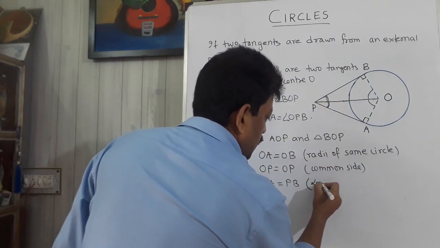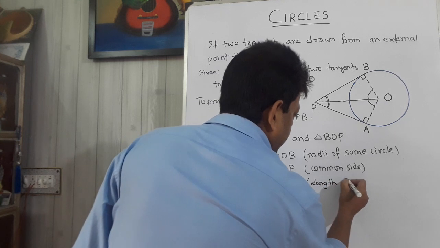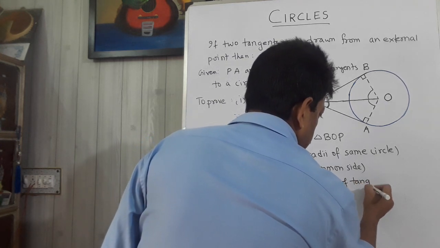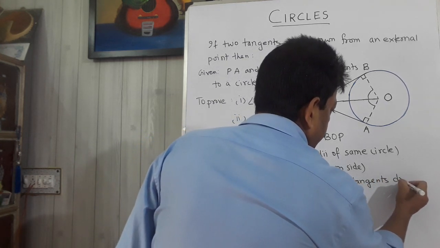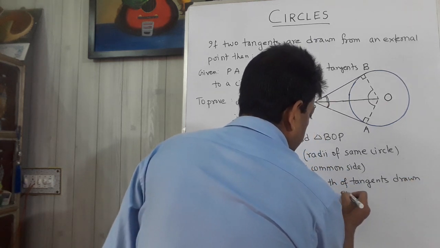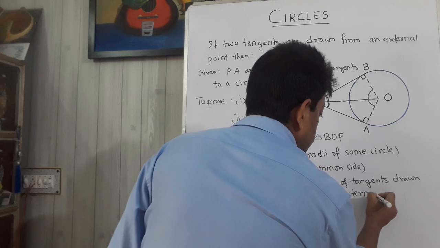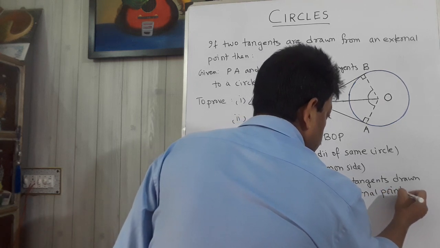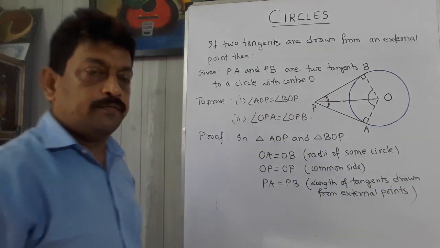So the lengths of tangents drawn from an external point are always equal.